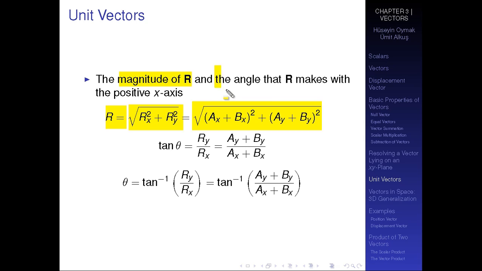And the angle theta that R makes with the positive x-axis is found to be tangent theta equals Ry over Rx, or in terms of the components of A and B, it is Ay plus By divided by Ax plus Bx.